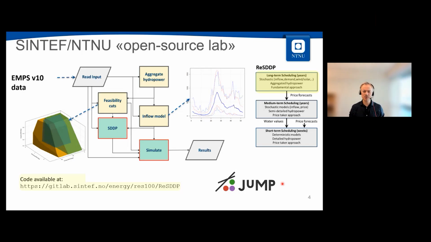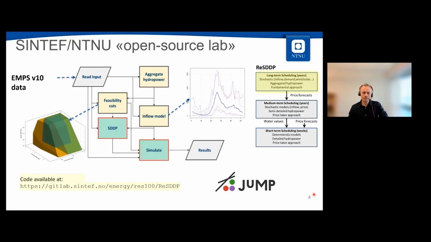So it's supposed to be a kind of low-level entry for new researchers or students to work on this code, and that opens up what was before a black box. It opens a bit up and enables us as researchers and also the students to work on the constraints in a faster way and a different way. This is available at GitLab. So source code, you can check out there if you're interested.